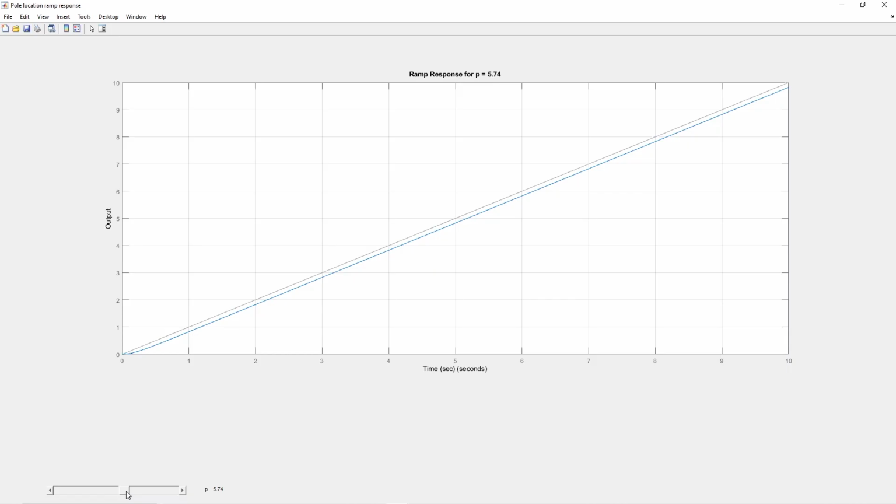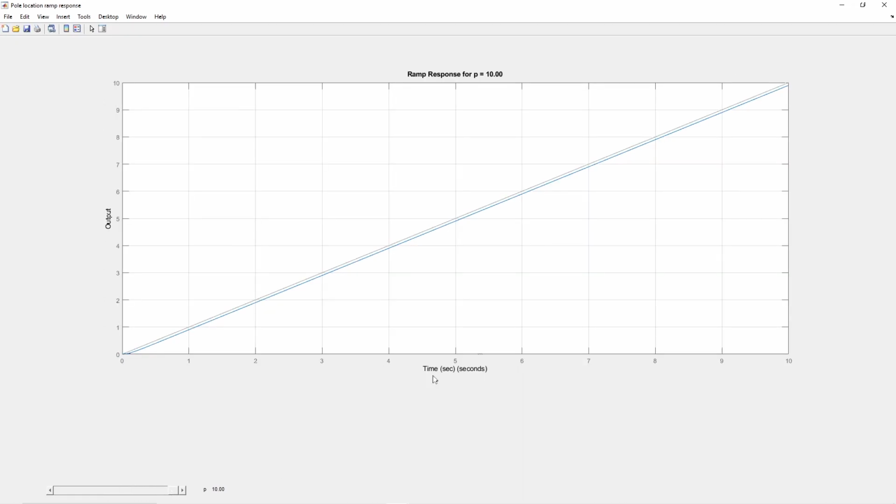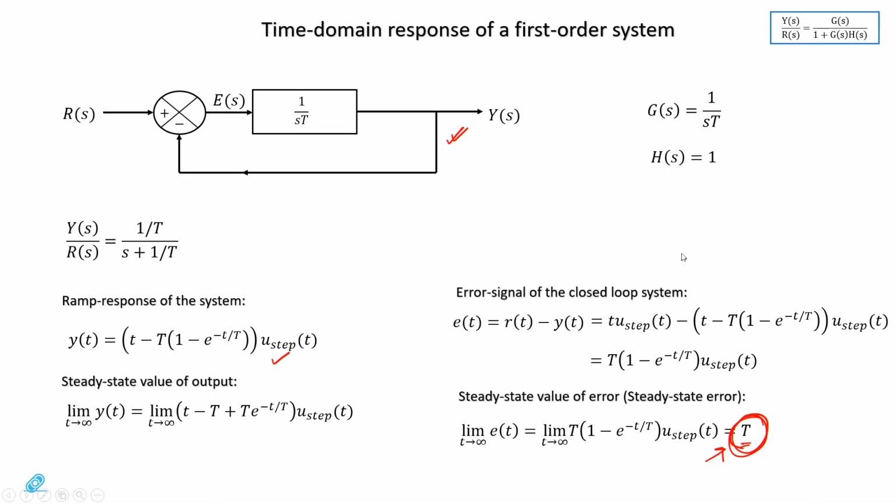As the value of p increases, the value of T decreases, which means the error is decreasing. I can keep on increasing this, and you see the error is decreasing. So, I am making it better and better in some sense. You see the position of the pole is very important, and this will play a very crucial role in understanding how these types of systems behave.